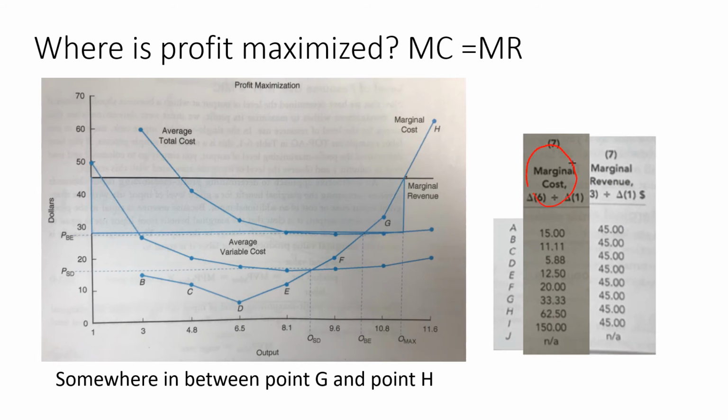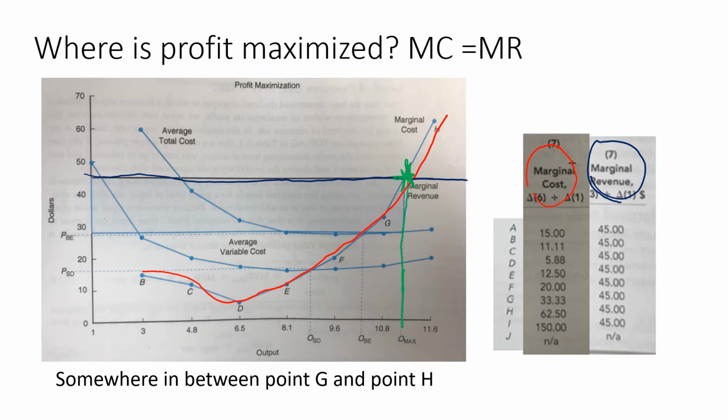So this is those numbers graphed. Okay, so we have the marginal cost curve, which is graphed right here, and we have the marginal revenue curve, which is graphed right here. The point where these two meet is right at this green star, and that would be at output somewhere between 10.8 and 11.6.